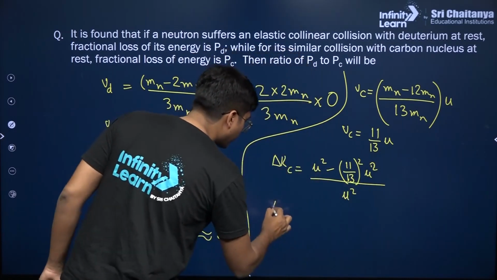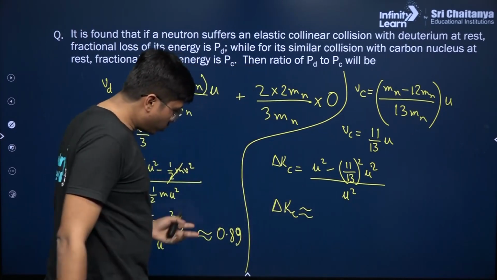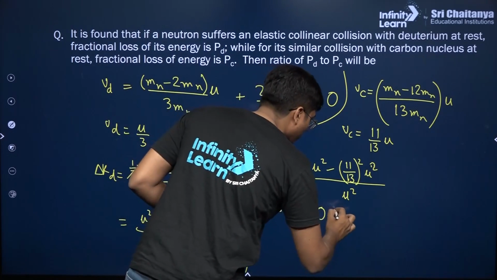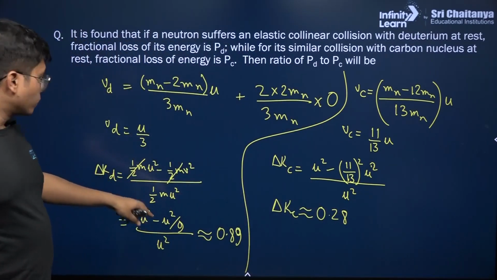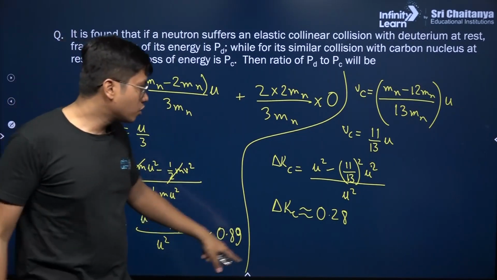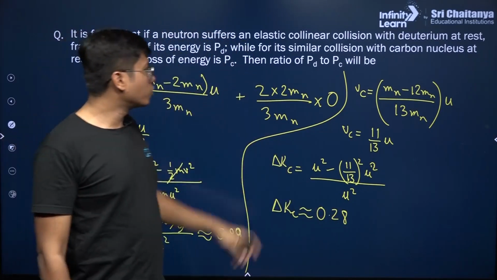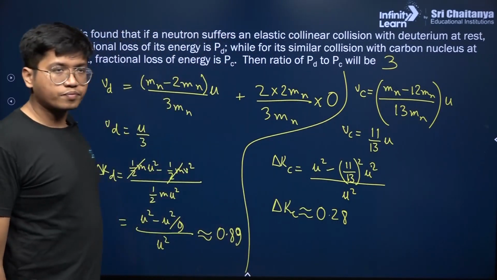If you calculate, you would get this as almost equal to 0.28. So you want del Kd by del Kc. This you can approximate to be almost 90, this almost 30, so you have 90 by 30, it would be roughly around 3. That is your answer here.